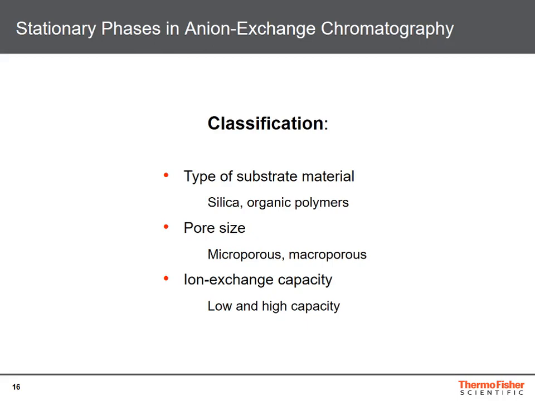Since we need high pH mobile phases in anion exchange chromatography, silica-based materials cannot be used because they dissolve above pH 8.5. Therefore, most of the materials we are using for the anion exchange chromatography of small molecular weight anions are based on organic polymers.